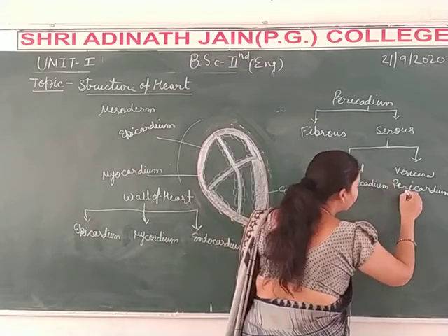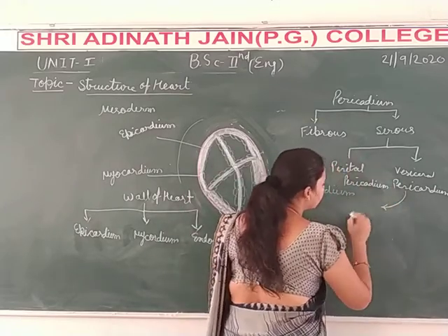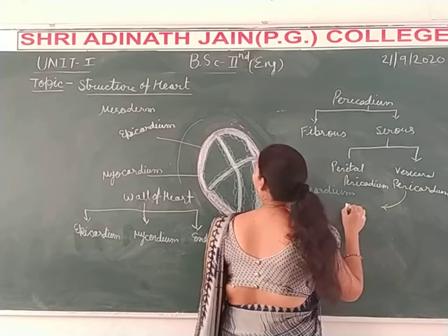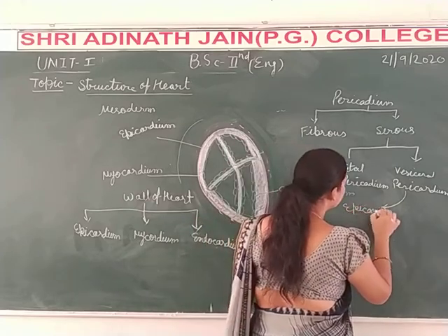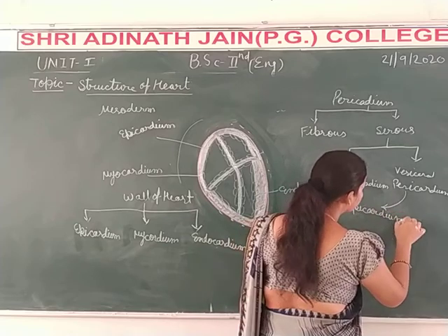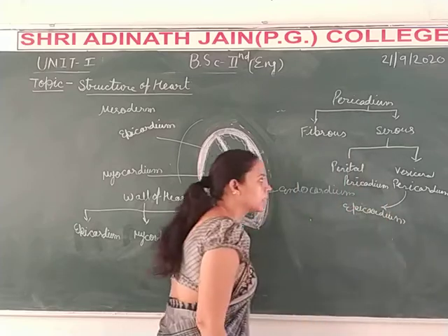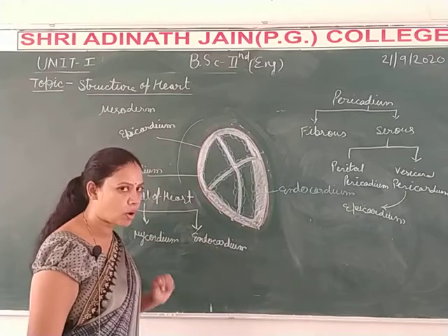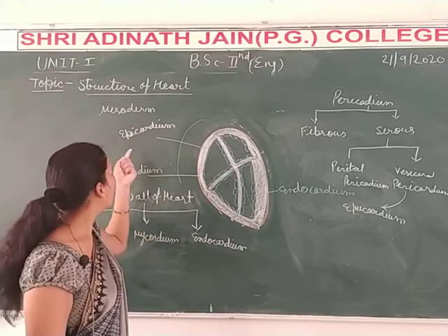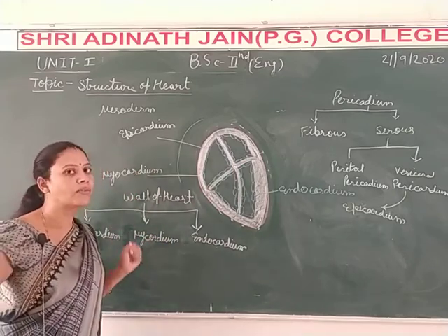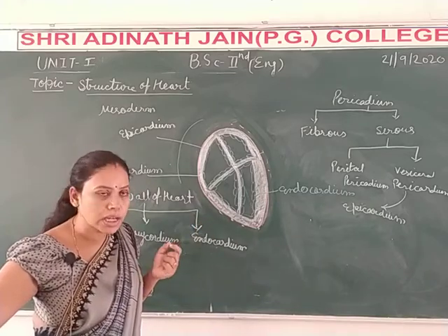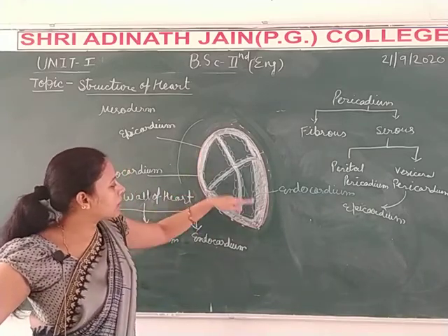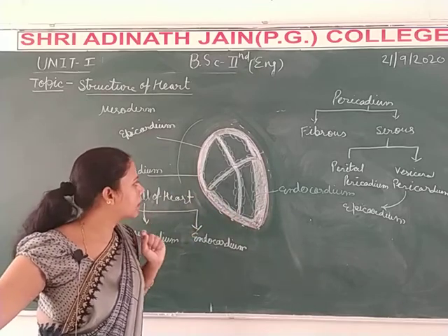This visceral pericardium makes the epicardium. Pericardium is also known as epicardium when we are talking about the wall of heart. Okay, so now these are the layers of heart.